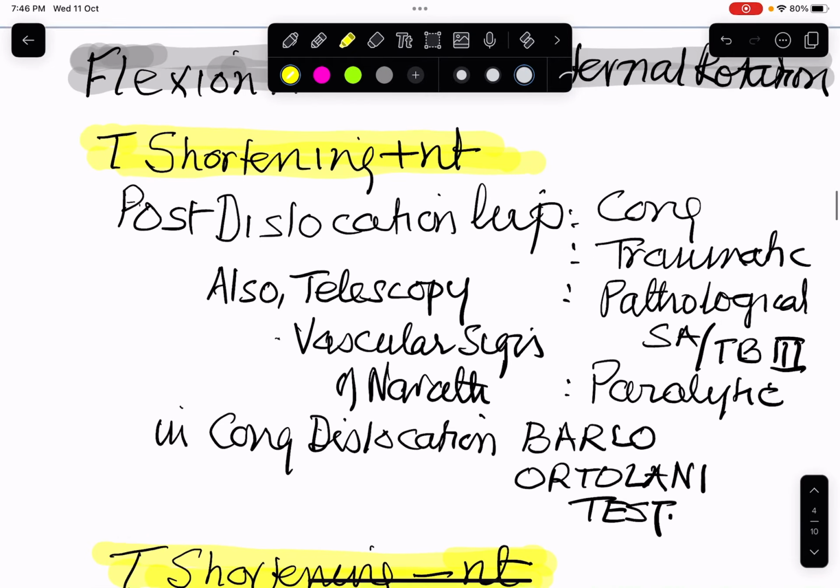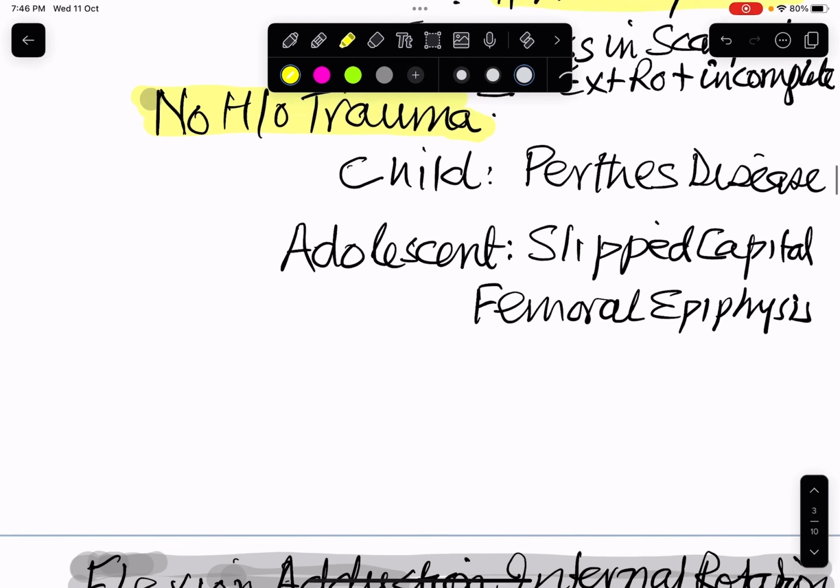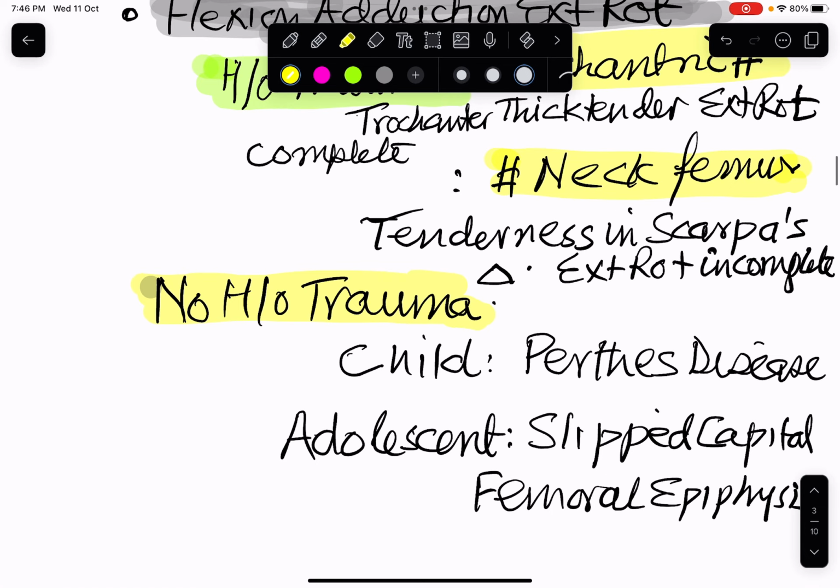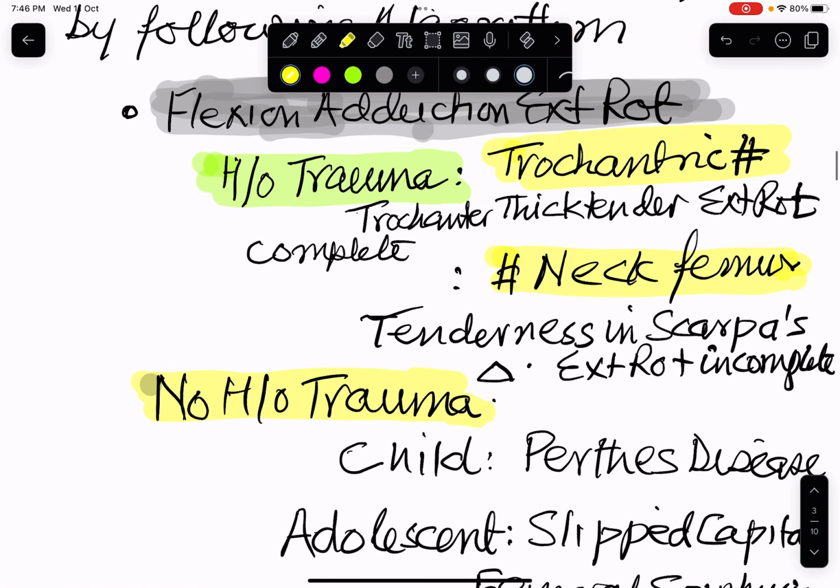So, if there is a flexion, adduction, external rotation deformity, and there is history of injury or trauma, then if the trochanter is thickened, tender, and the external rotation is complete because the fracture is extracapsular, then the diagnosis is trochanteric fracture.